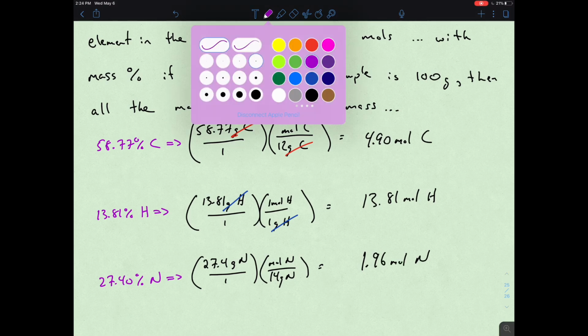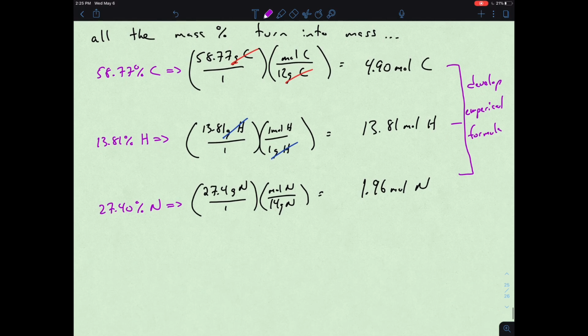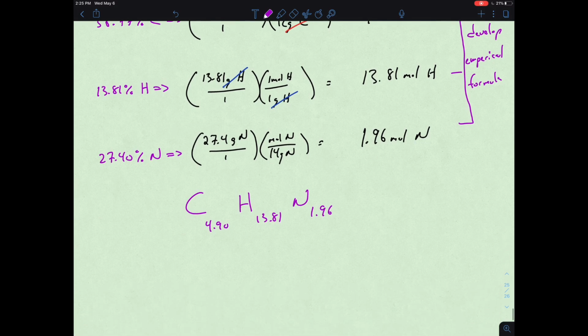So here is where we now develop our empirical formula. We would have our carbon with our 4.9, our hydrogen with our 13.81, and our nitrogen with our 1.96.